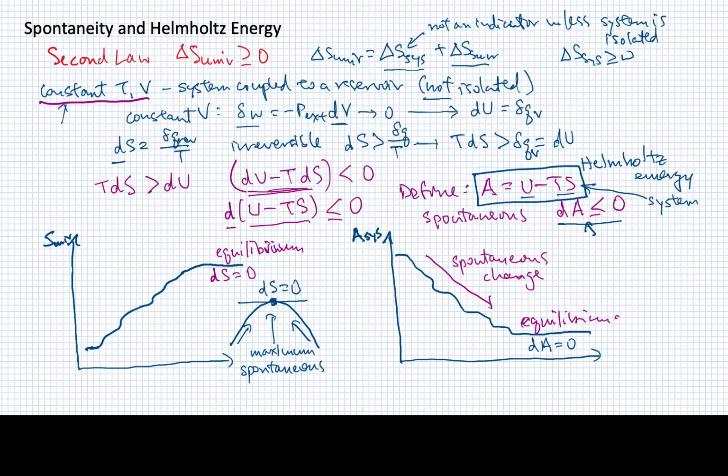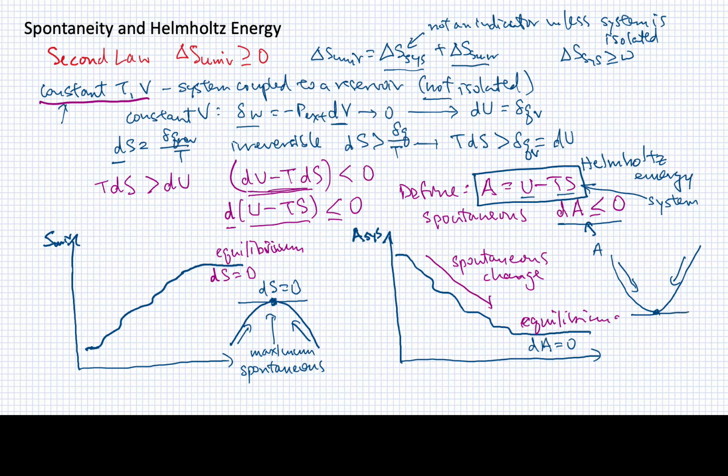So if we draw a picture like we did over here for entropy, for Helmholtz energy what we're looking for now is a minimum in the curve for the Helmholtz energy. So Helmholtz energy is plotted along here against some coordinate.